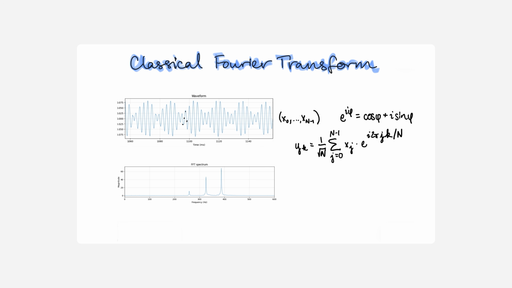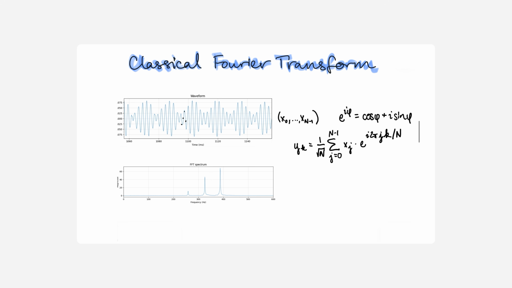Together, they form the frequency domain vector y sub 0 to y sub n minus 1, which would be like our spectrum here, where again, the frequencies are discretized.